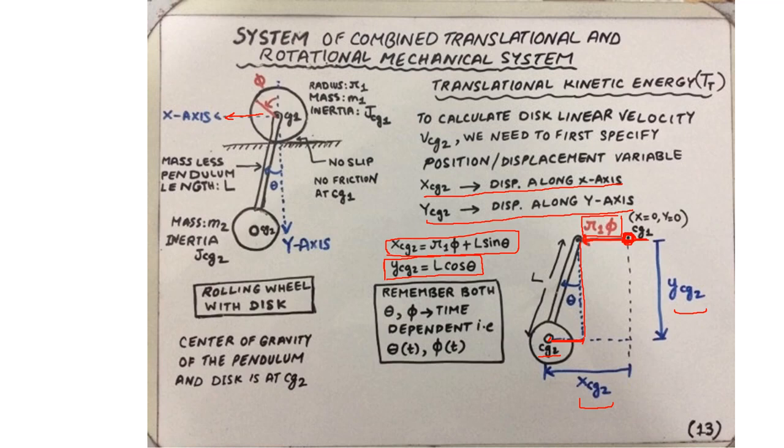And for the sake of the correctness of the notation, it is reminded that theta and phi are time dependent variables, even though we don't mention them as an explicit function of time, it should be kept in mind at all times that phi and theta are actually functions of time. So these are actually theta of t and phi of t respectively.